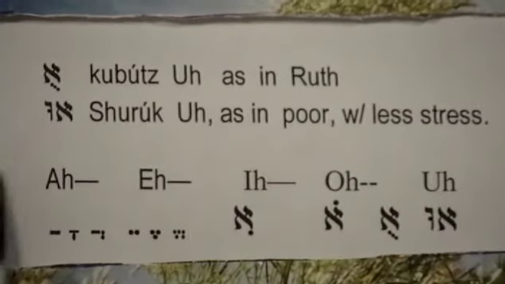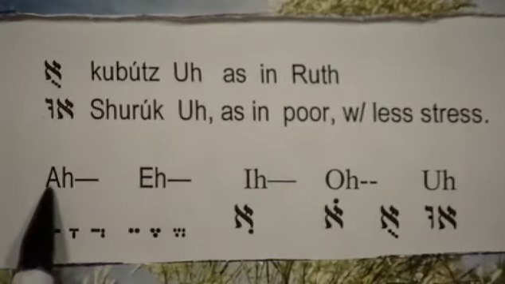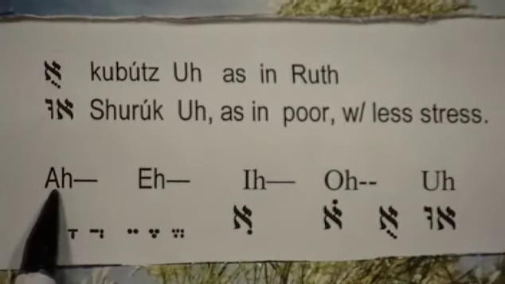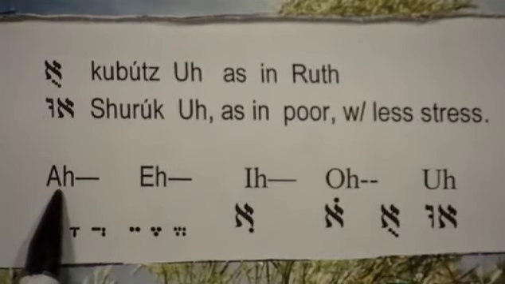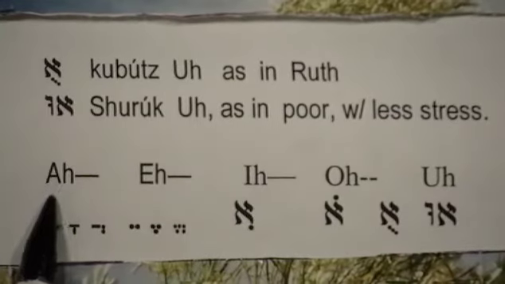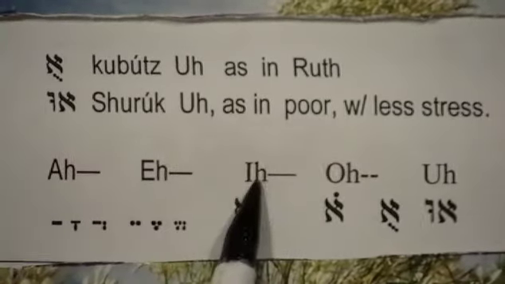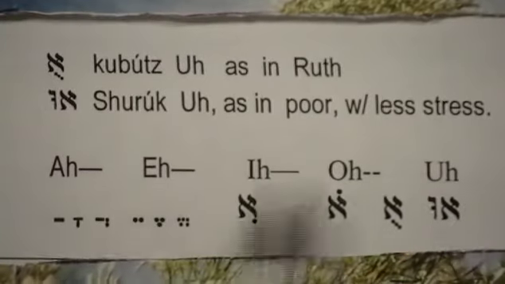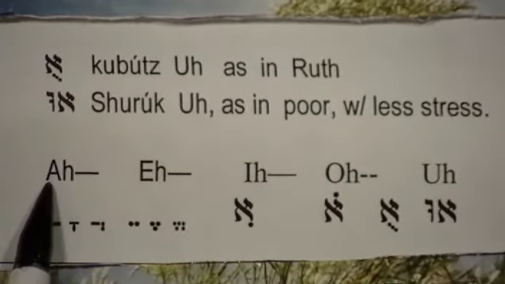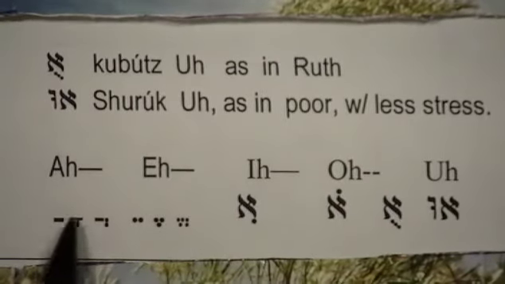So remember, the vowels are like in Spanish, because this Hebrew is Sephardi, or from Spain, like a, e, o, u. For the sound of A, we have this and this and this.